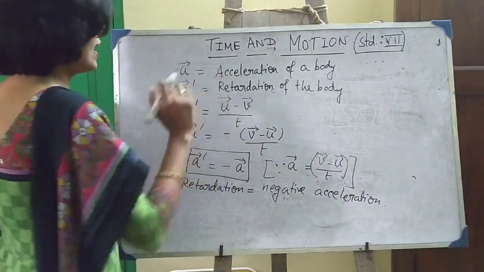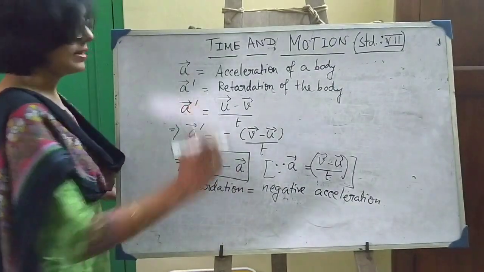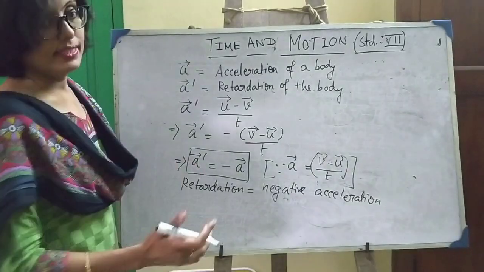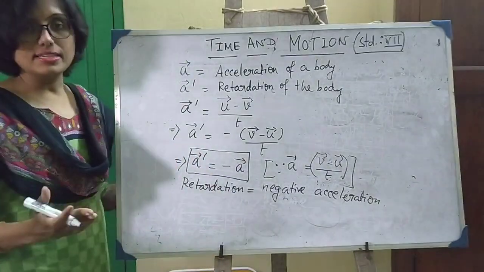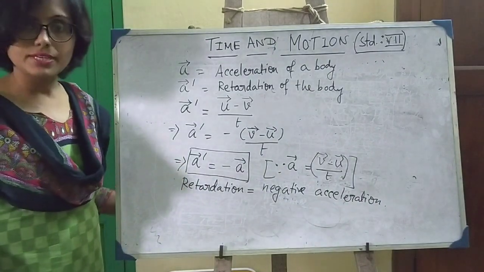Since acceleration and retardation both are vector quantities and deceleration is nothing but acceleration with a negative sign, we can say that the direction of acceleration and the direction of deceleration are opposite to each other. Clear?